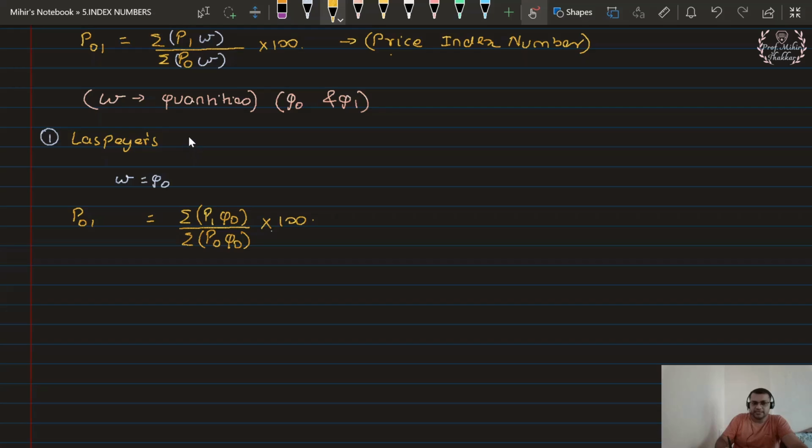So we say it is the Laspeyres' price index number. He suggested taking weight as Q0. So the notation over here is actually P01L. So that is our first formula for the weighted index number, Laspeyres' price index number, which is equal to P01L, summation of P1 Q0 upon summation P0 Q0 multiplied by 100.